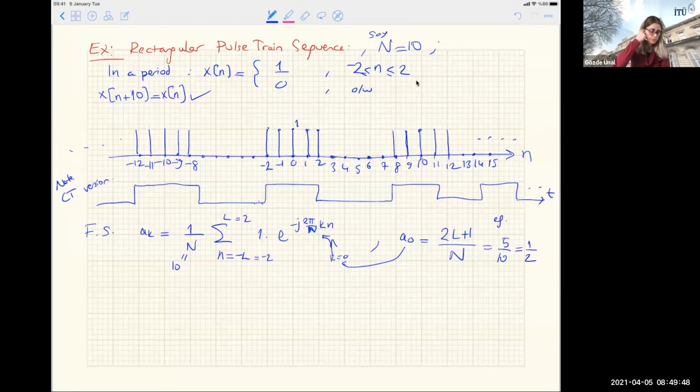So guys, when you do this math, AK is 1 over 10, n is from minus 2 to 2, 1 times e to the minus j 2 pi over 10 kn. We can just write these. A0 we've already seen. So for instance, I can go to A1.